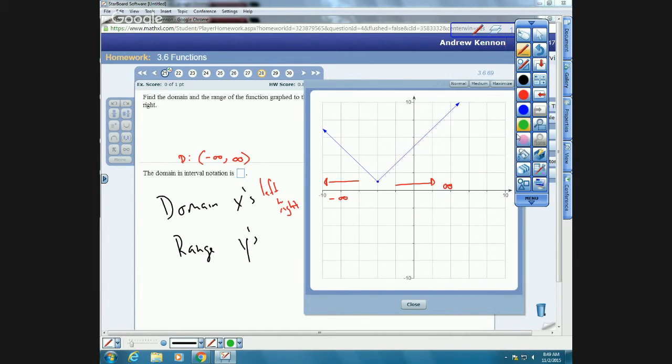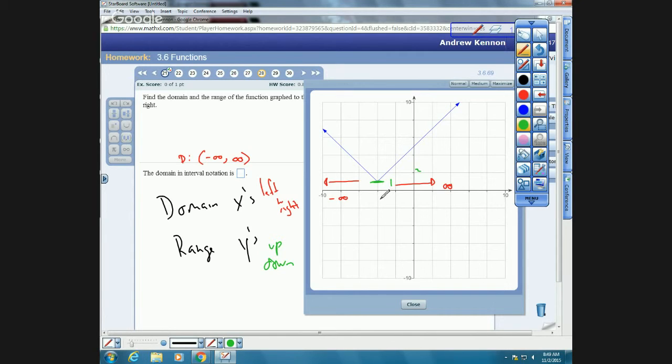So the domain talks about how far left and how far right. The range is your y, so it deals with up and down. I'm going to start with down because you want the smallest number first. What's the lowest point of this graph? It should be 1, right? So 1 is the lowest point.